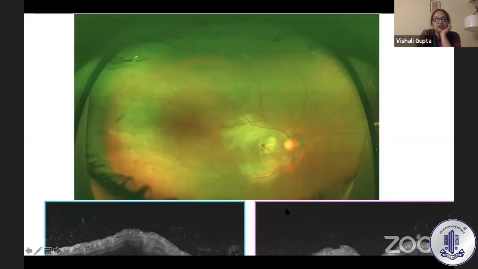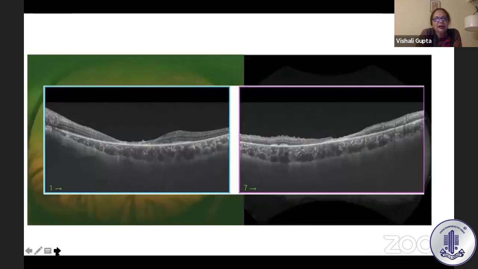You can see there was this retinitis; on OCT you can see it was a full-thickness retinitis. There was definitely vascular involvement, vasculitis, and there were some retinal hemorrhages as well.